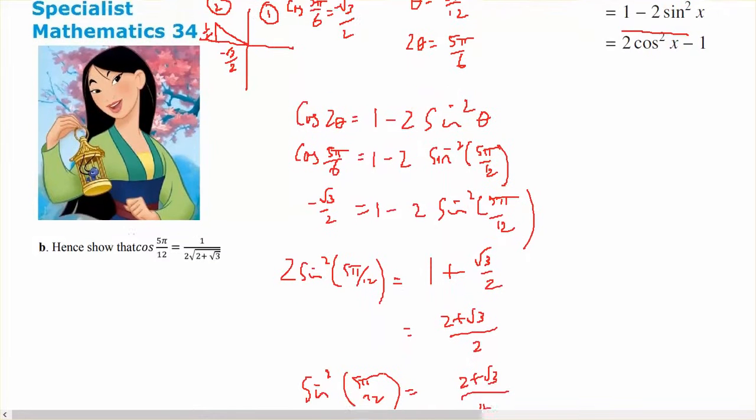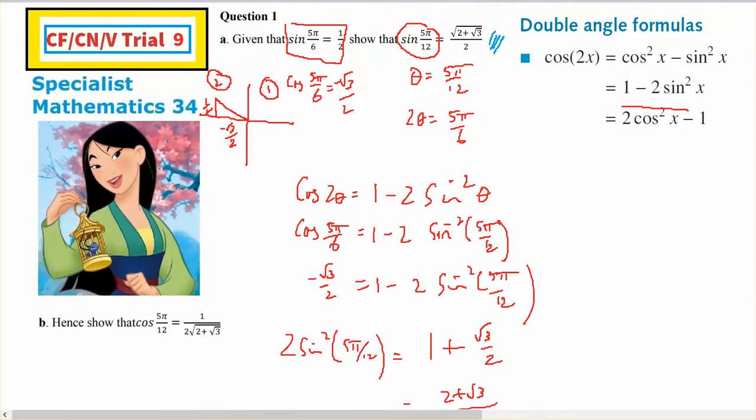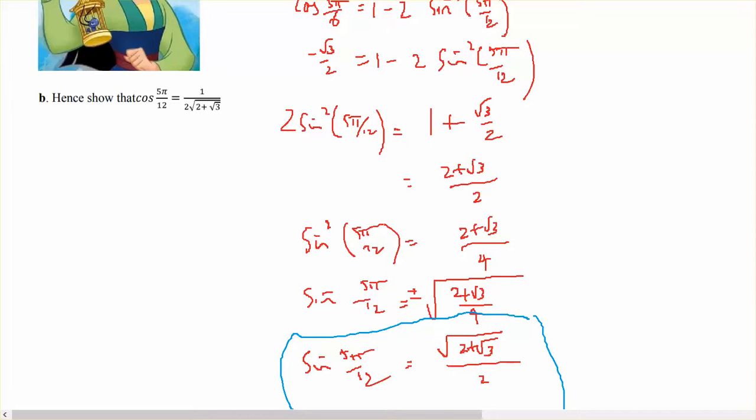So I want the cos of 5 pi on 12. I know what the sine of 5 pi on 12 is. So I could go, the sine of 2 theta equals 2 times the sine of theta cos of theta.